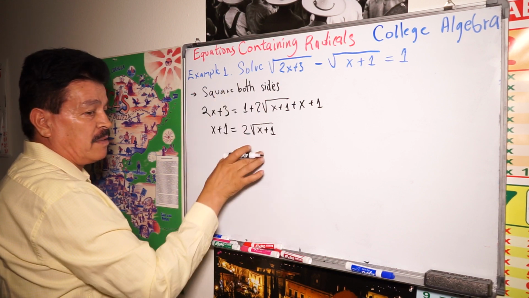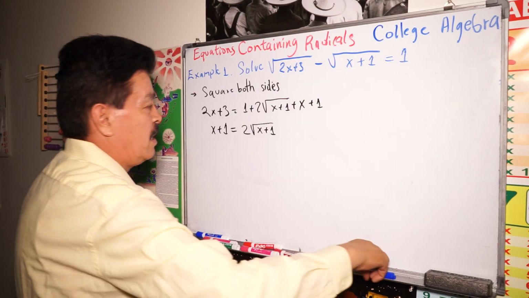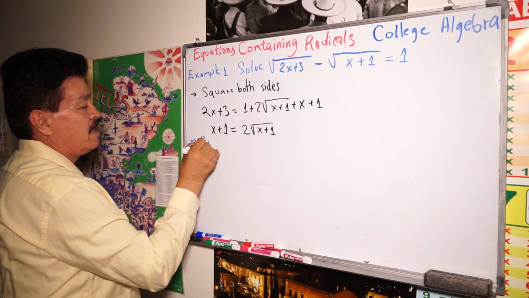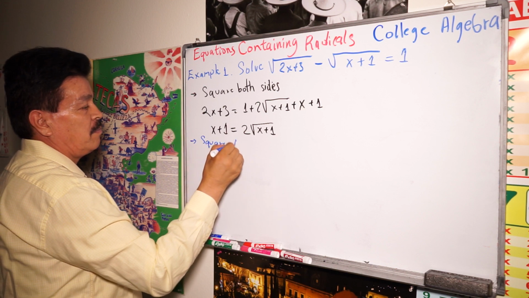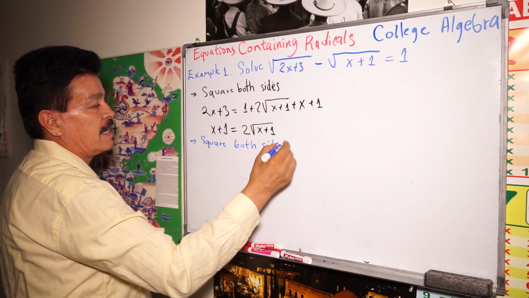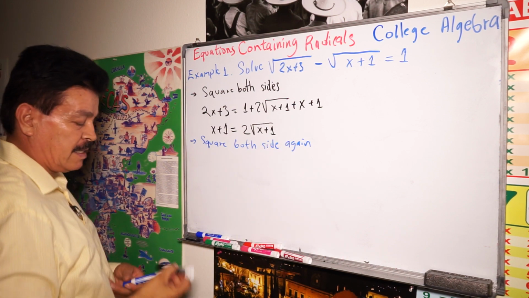So again, the same process. Let me write here: square both sides again. This is the next step.